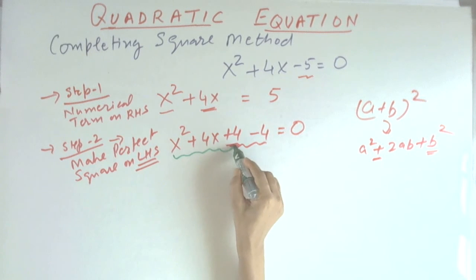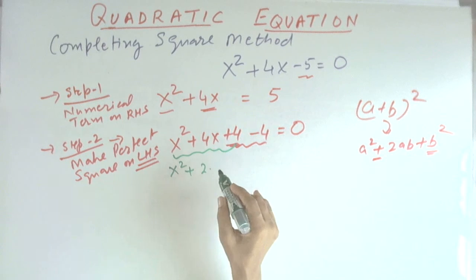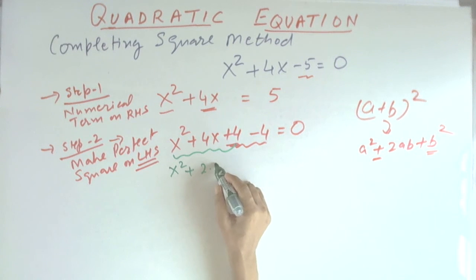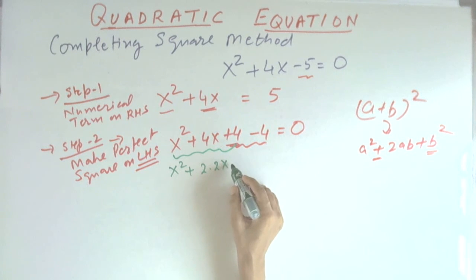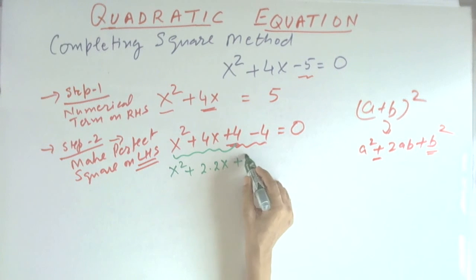And how will it become a perfect square? These three terms, x square plus 2 into 2x plus 4.